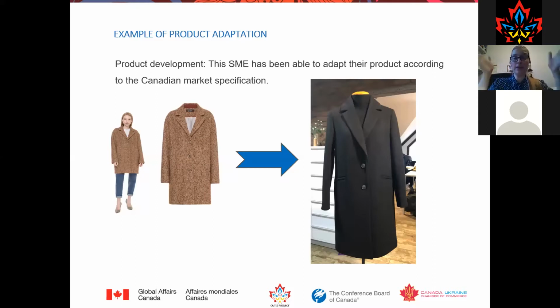But if you put on a tied, constructed coat like the black one that you have here, you're going to have a different effect for the eyes. It's like a side effect. So this is the look that the women in Canada in that specific sector are looking for.